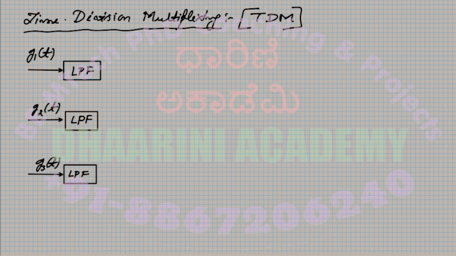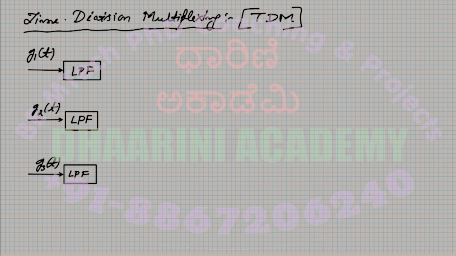Then you go back to message signal one and send the next part, and so on. This is the whole concept of time division multiplexing.